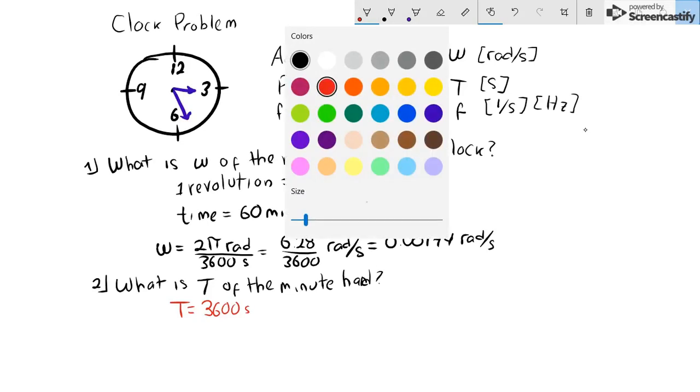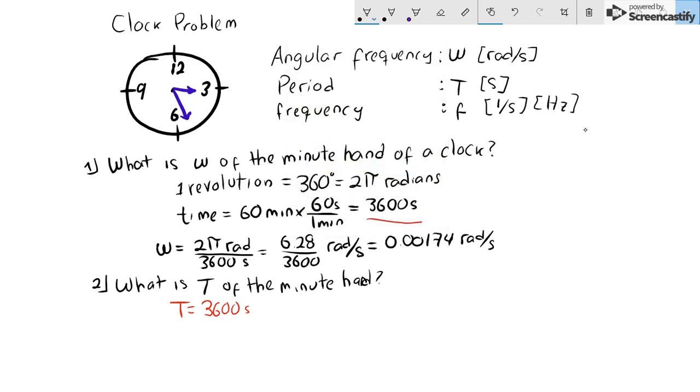Finally, the last question is, what is the frequency? Frequency is the number of cycles every second. How many fractions of how many cycles per second?